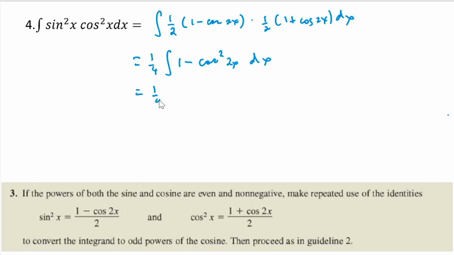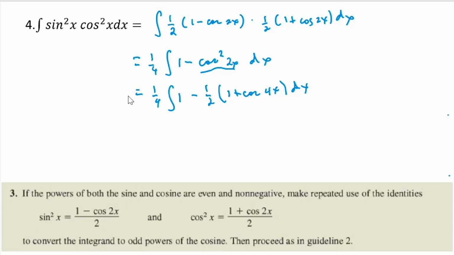Next, we have 1/4 the integral of 1 minus, we are going to use again the half angle identity for cosine squared 2x. So this is now 1/2 times 1 plus cosine 4x, because twice the angle 2x becomes 4x, so it becomes 1 plus cosine 4x dx.